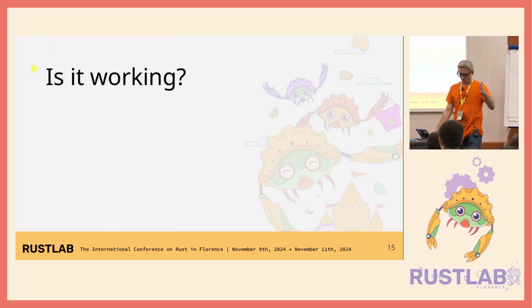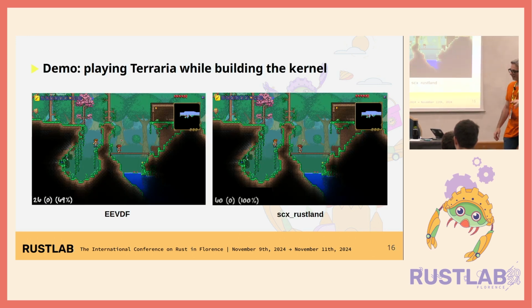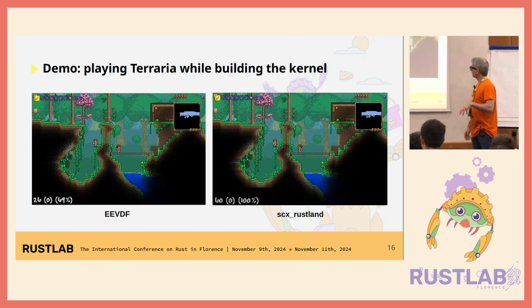So I wrote the proof of concept and I tested it, and is it working? How much do you expect that I can do in a video game? I was expecting like 3 FPS or so, honestly. But after reiterating a little bit, it ended up being quite interesting.